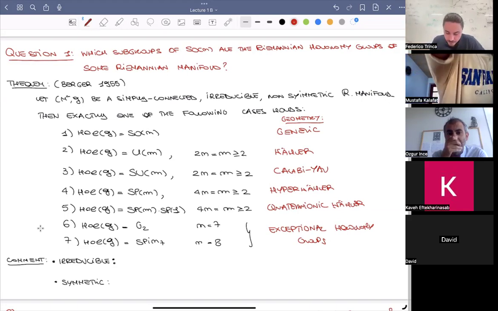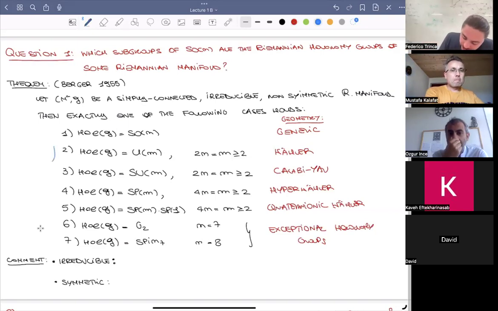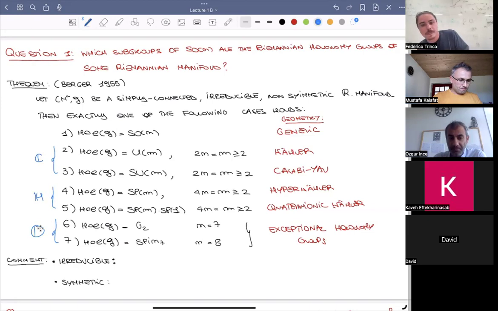So the intuition behind these groups is essentially coming from division algebras, but I'm not going to go there. But you can see that these groups are related to the complex numbers, these are related to the quaternions, and these two are related to the octonions. And it's going to be slightly more clear at the end of this lecture why.